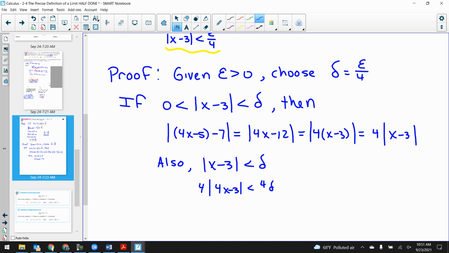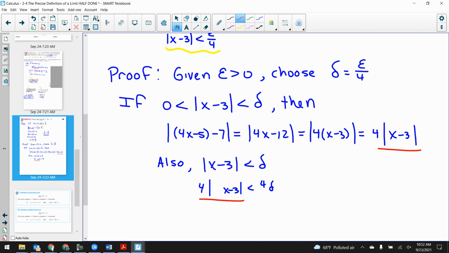Now, do you see how this is going to chain together? Look. Oh, I'm sorry. Sorry, that 4 shouldn't be there on the inside. I only needed to multiply to the outside. Sorry. So 4 times the absolute value of x minus 3 has to be less than 4 delta. All I did was multiply both sides by 4. Now, do you see how this is going to chain together? This right here matches this right here.